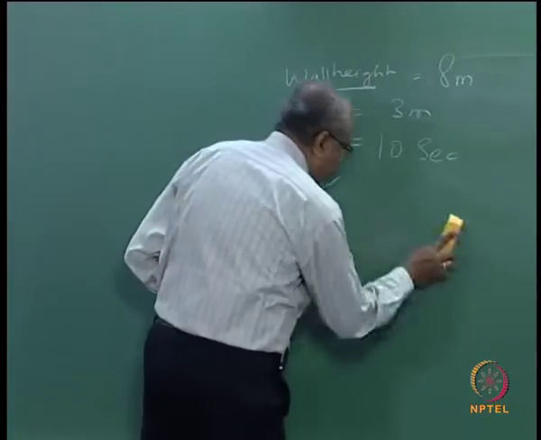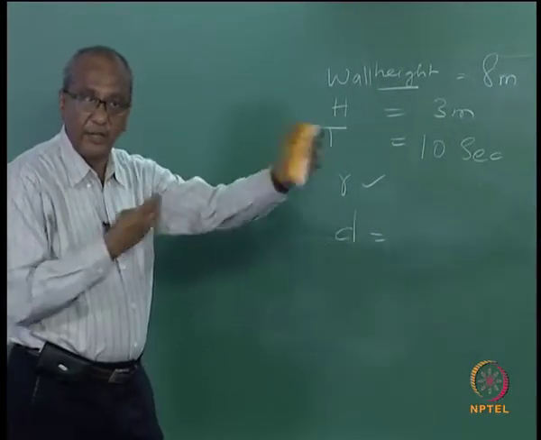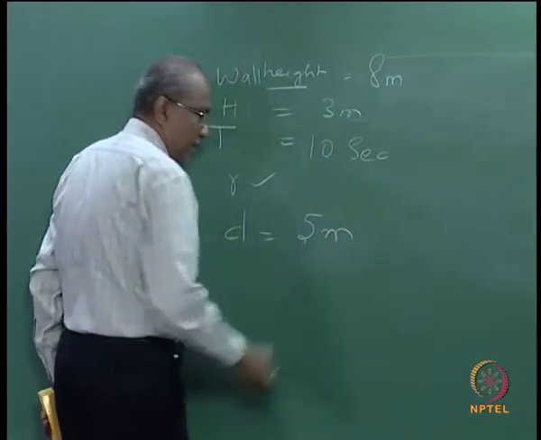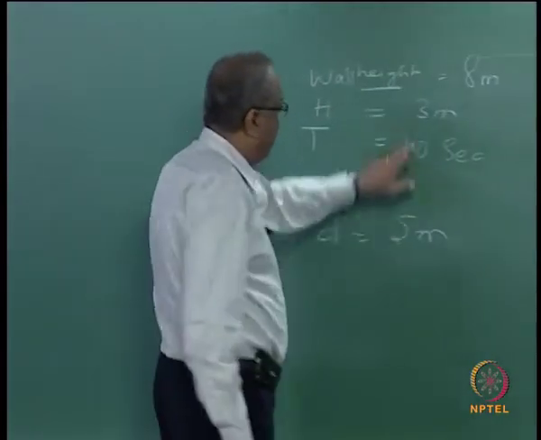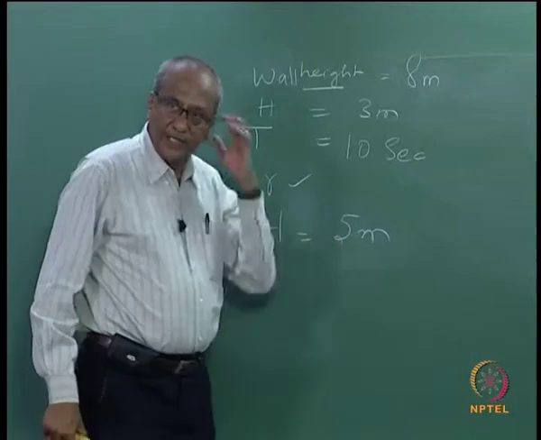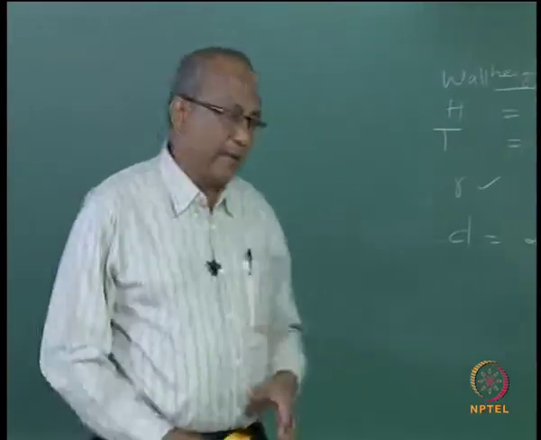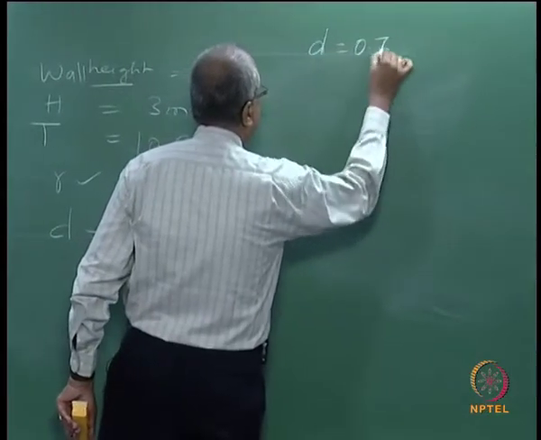So you need to have a feeling for all the magnitudes and whether this or that is possible. As per your statement, the depth should be 5 meters here, and a wave height of 3 meters can be sustained in 5 meters, because the maximum breaking wave height can be 3.9 meters because of this condition, okay.